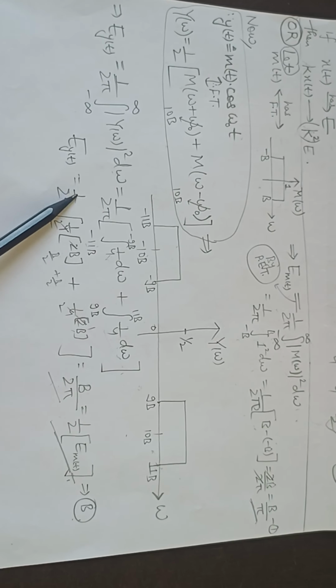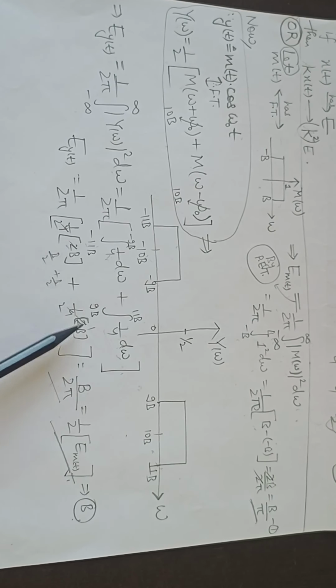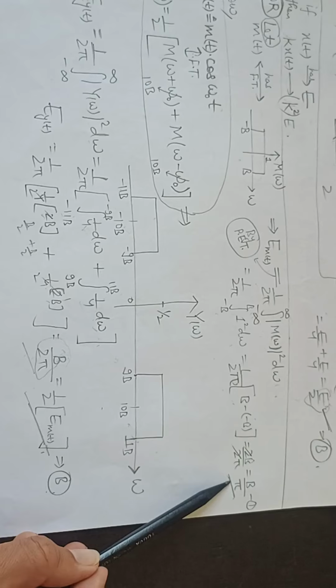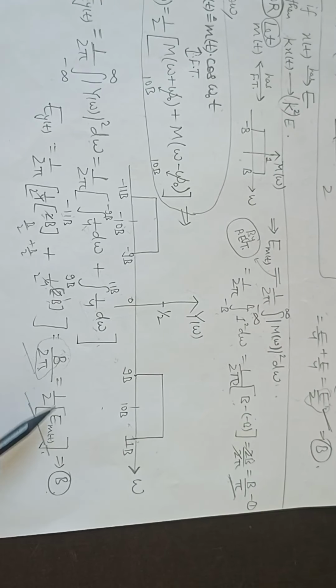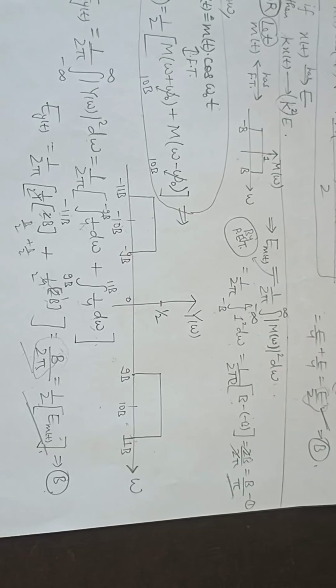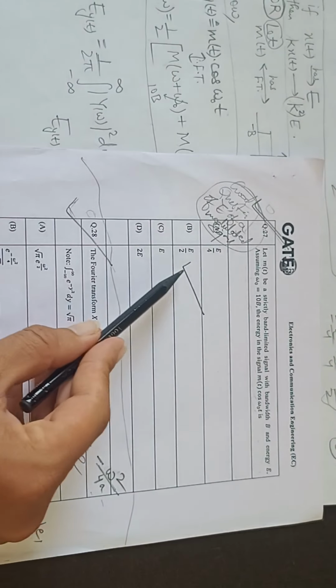Taking 1 by 4 outside, this is minus 9b plus 11b, so 2b, and this is 11b minus 9b, so 2b. So again we get b upon 2 pi. Originally I was getting b upon pi, now I'm getting b upon 2 pi, so energy is halved. So the correct answer is that the energy is E by 2.